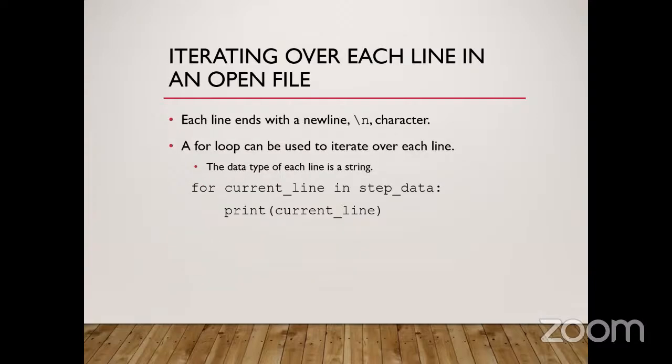So we're going to iterate through each line using a for each loop. We set up a variable called current line. We give it the collection step data. Each row ends with a return character.